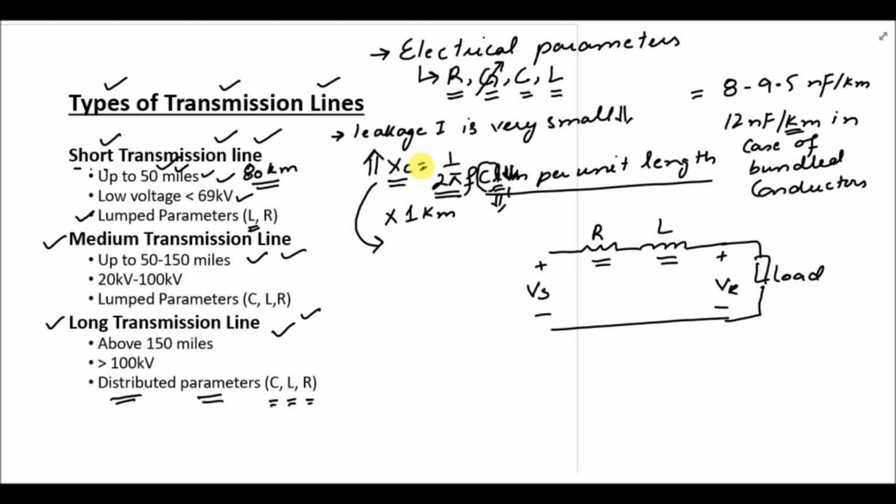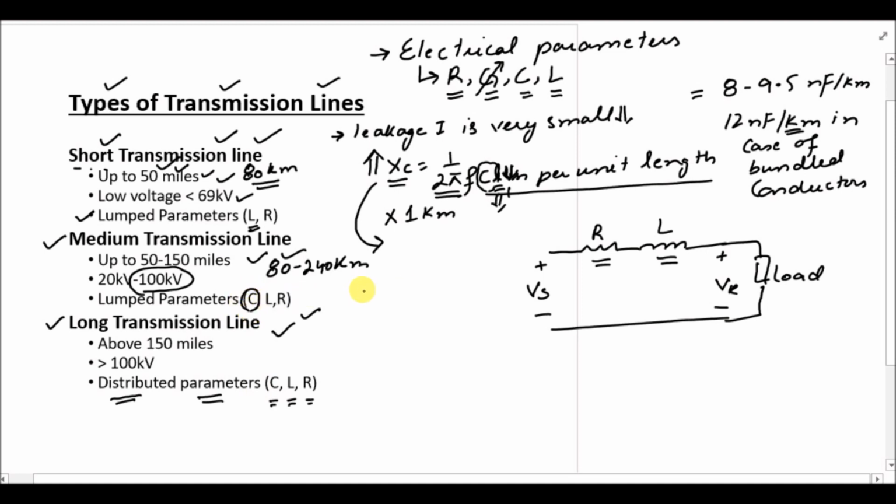Now moving on towards the medium transmission line, the line length is from 50 to 150 miles, and in kilometers it will be from 80 to 240 kilometers, and the voltage level can go up to 100 kilovolts. Similar to the short transmission line, in the medium transmission line we will also use lumped parameters, but now we are not neglecting the capacitances.